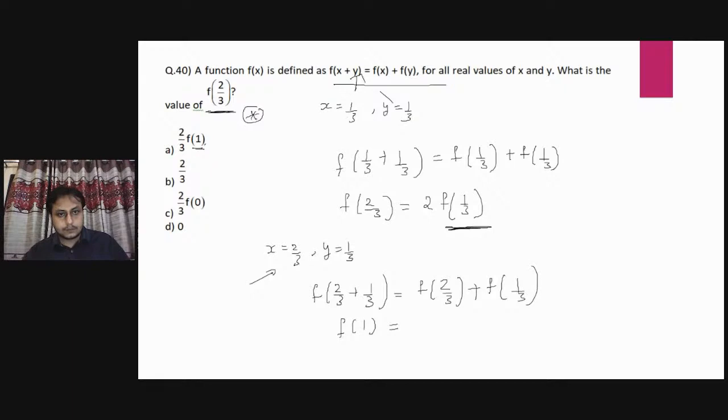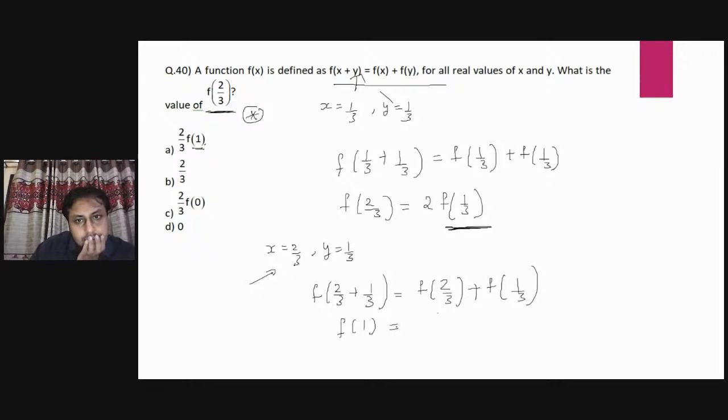So wait a minute, yes, f of 1 by 3 is f of 2 by 3 plus f of 1 by 3. So next step should be, give me a second guys, 3 by 3 is 1, this is f of 2 by 3, right?